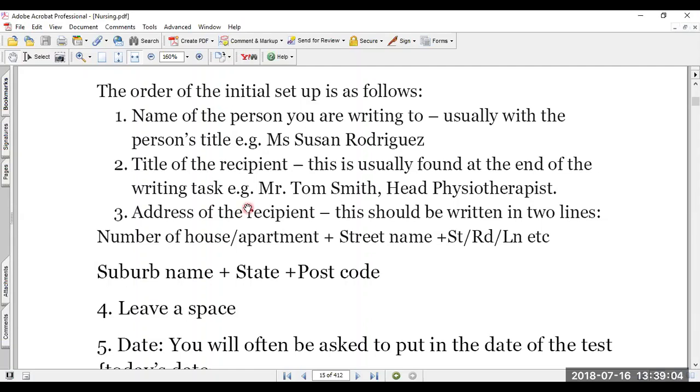After writing the organization's name, the next line will be the actual address of that institution, which may include the name of the street, suburb, and postcode.